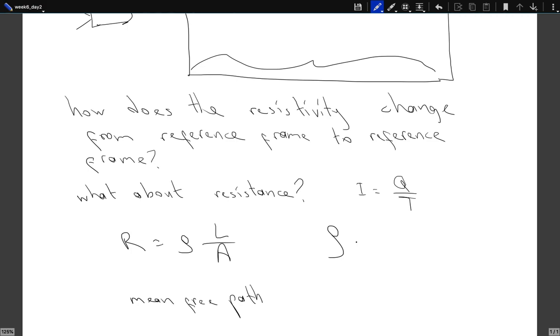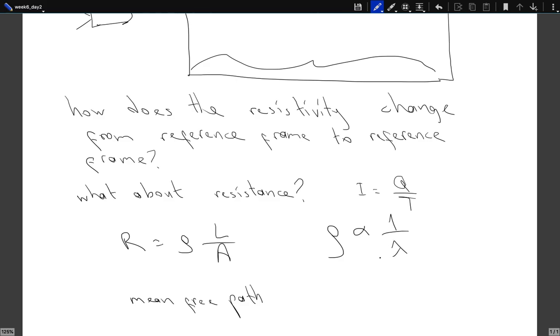If the mean free path is larger, it's moving almost freely. If it is smaller, it is constantly colliding. So the resistivity would be inversely proportional to the mean free path.